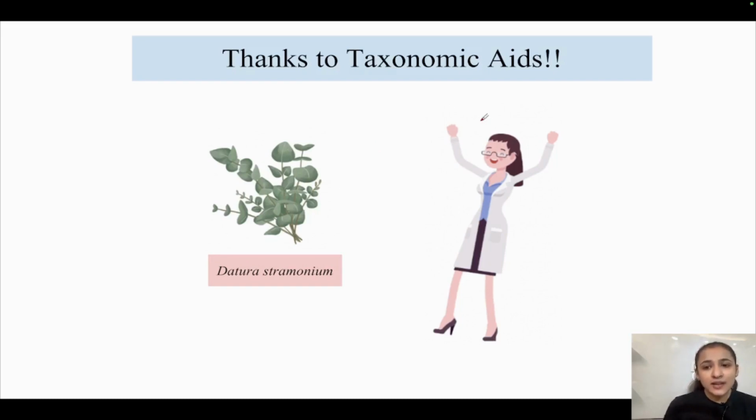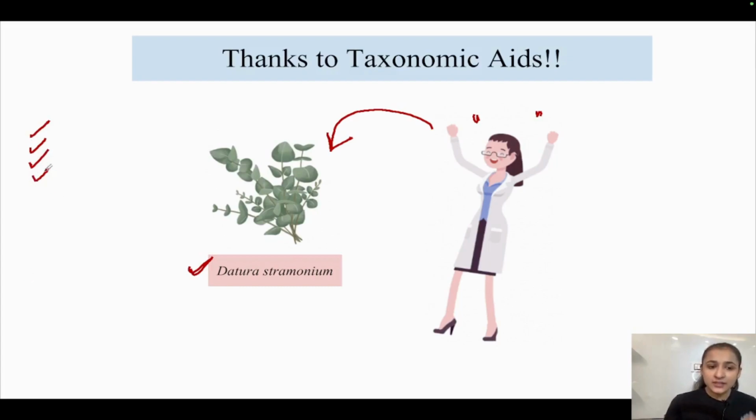So thanks to taxonomic aids, Emma finally identified her plant specimen. She found out it to be Datura stramonium. She went through all the steps of the taxonomic studies. Number one, she collected her plant specimen. Then she characterized it, then she identified it, and then she classified it.